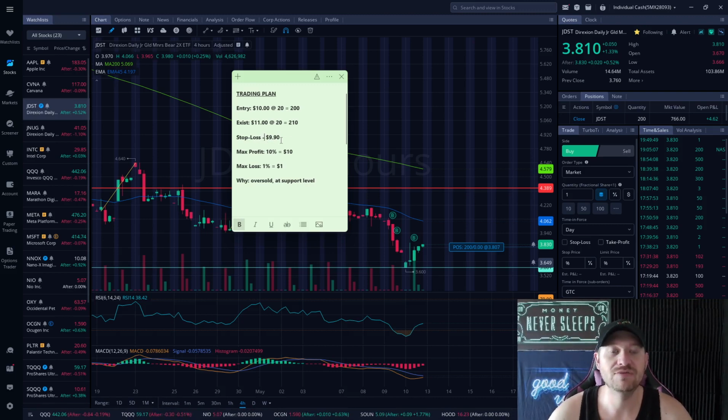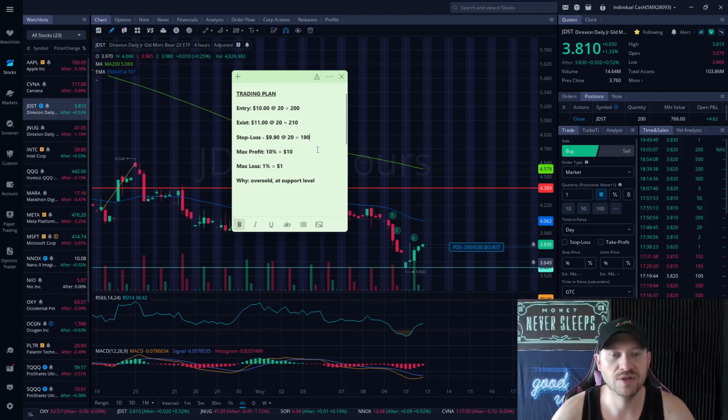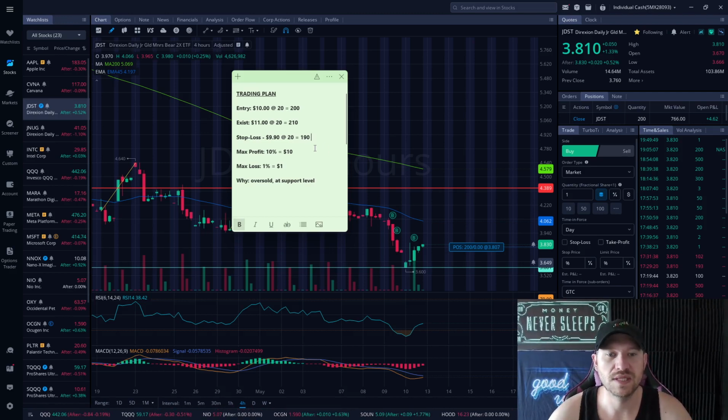You're going to have a stop loss at 9.90 because you bought at 10. You want to make 10%, but you don't want to risk more than 1%. So then you would sell 20 shares at 9.90 for a value of $190. Does that make sense to you guys?